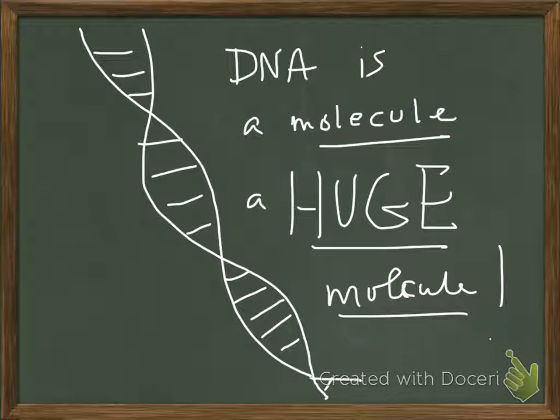You've got miles of it in your body. Really? Miles. You are complicated. Complicated and busy individuals. So it's a huge molecule, and it's not just huge like this building is tall. This building is long. And DNA's size is primarily in its length.